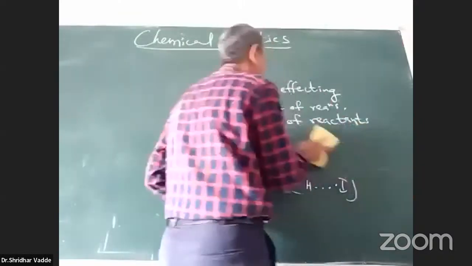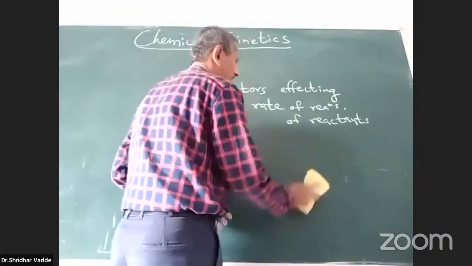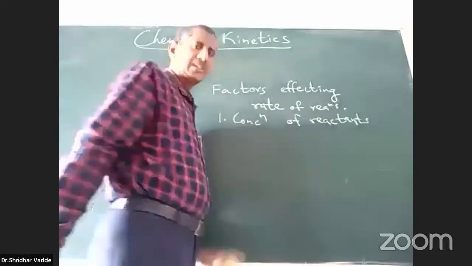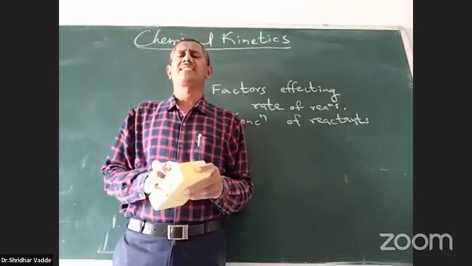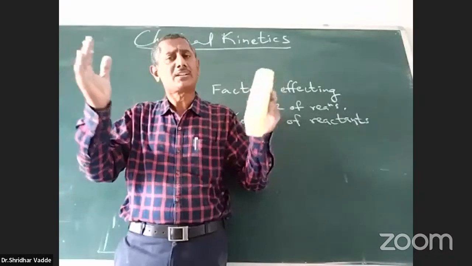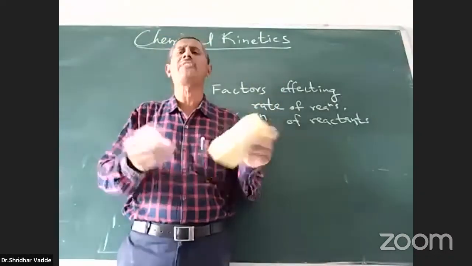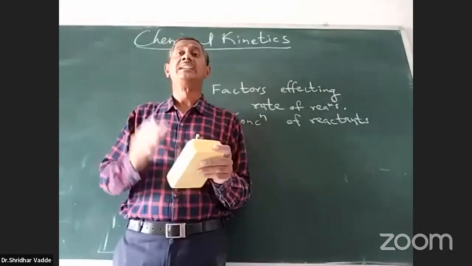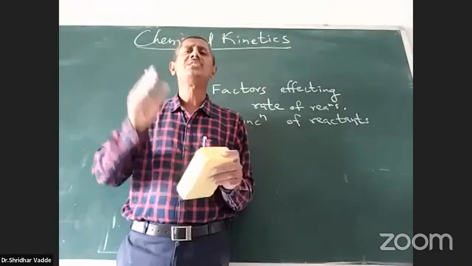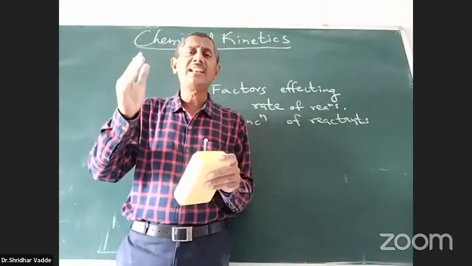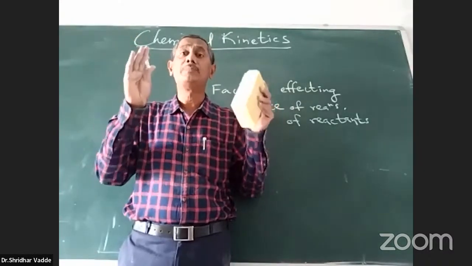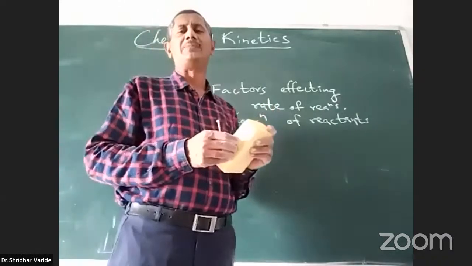Next one, concentration of reactants. We studied in yesterday's class that the rate of reaction is directly proportional to the product of molar concentrations of reactants according to the law of mass action. ద్రవ్యరాశి క్రియానియమం ఆధారంగా మనం ఏం చెప్పవచ్చు? చర్య రేటు, చర్యలో పాల్గొనే క్రియాజనక అణువుల యొక్క మోలార్ గాఢతల లబ్ధానికి అనులోమానుపాతంలో ఉంటుంది.